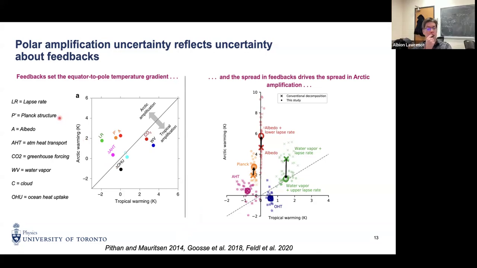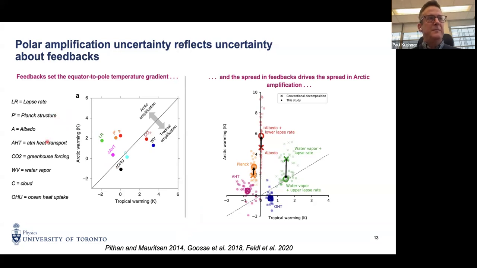How the lapse rate feedback, the Planck feedback (the basic radiative feedback), albedo, and other feedbacks listed here affect the level of Arctic warming compared to the level of tropical warming. So a simple measure of Arctic amplification is the perpendicular distance from this line. Lapse rate feedback really contributes greatly to the asymmetry, or the polar amplification.